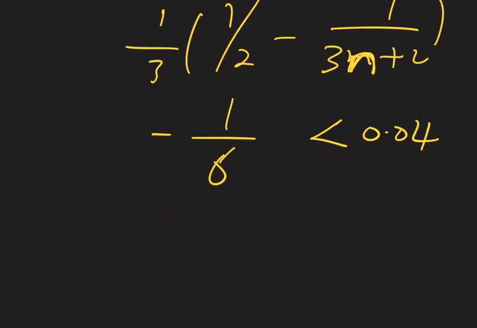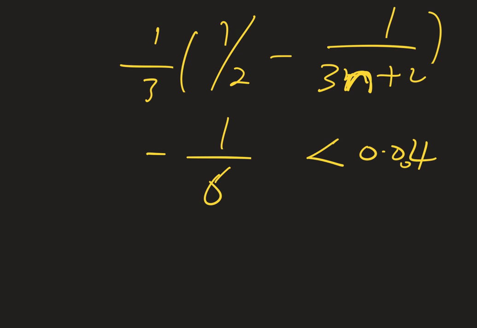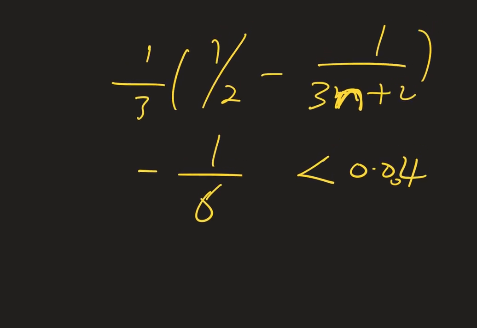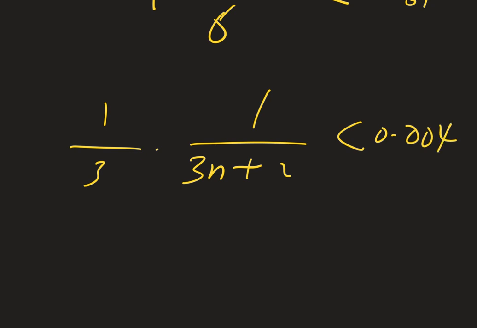That means you find n. You solve this inequality. So I have divided the plus and minus sign. This is bigger, this is smaller. So what you have here is 1 over 3 times 3n plus 2 is less than 0.04. Then this is an inequality.